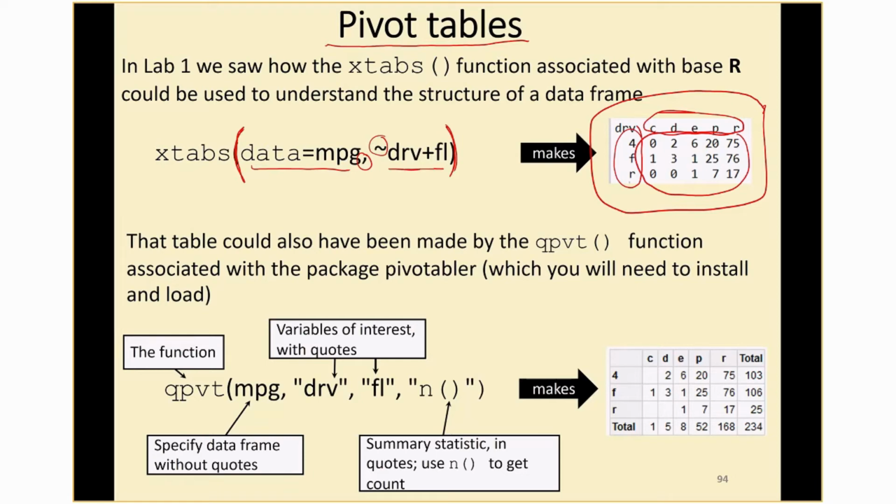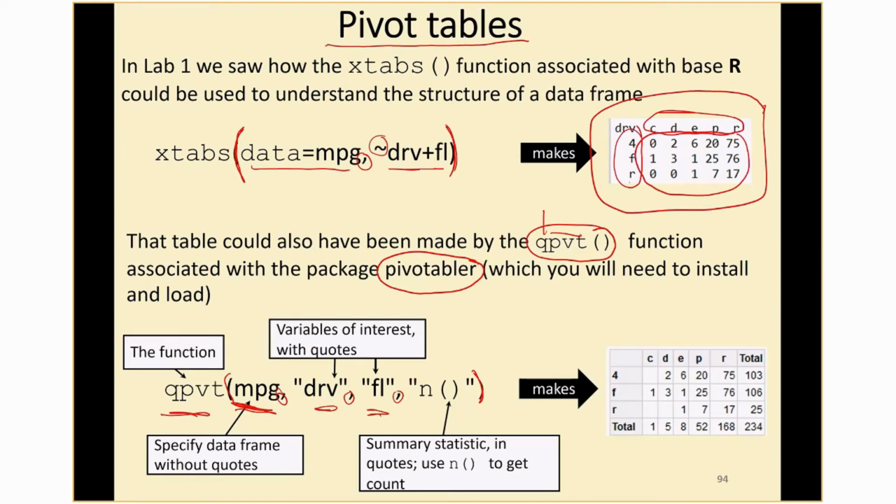We could do the same thing using a different function. This function right here stands for quick pivot. In order to use that function, you'll have to install and load the pivot table package. To produce the desired data frame, there is a function with its open and close parenthesis and a series of arguments, beginning with the data frame that we want to operate on, followed by the variables that we're interested in, and then the summary statistic.